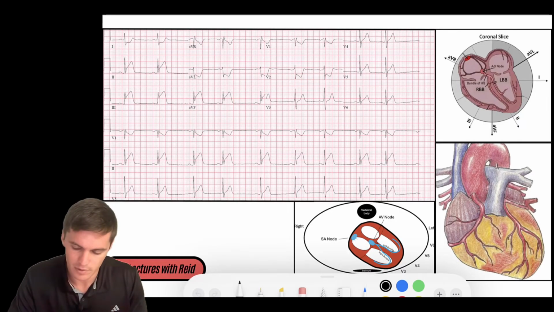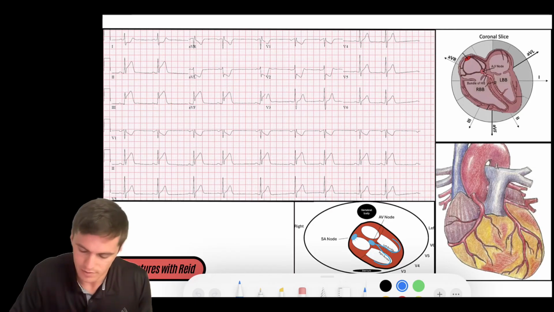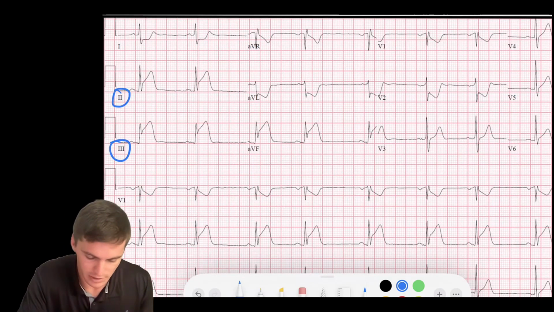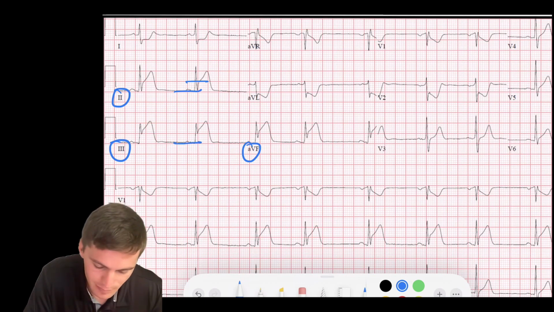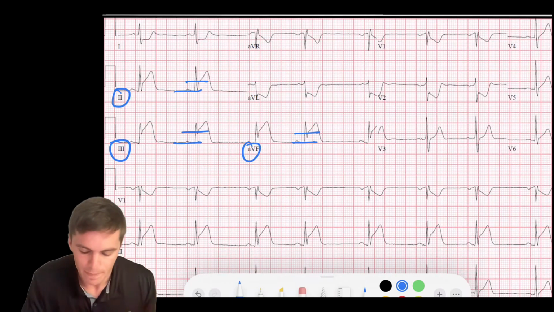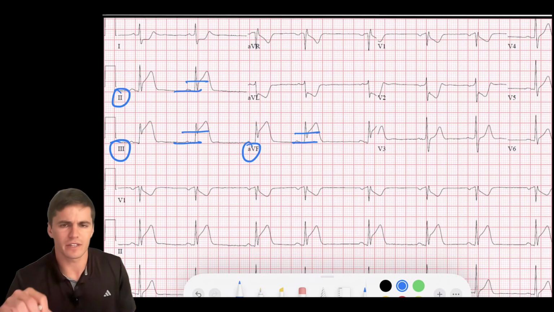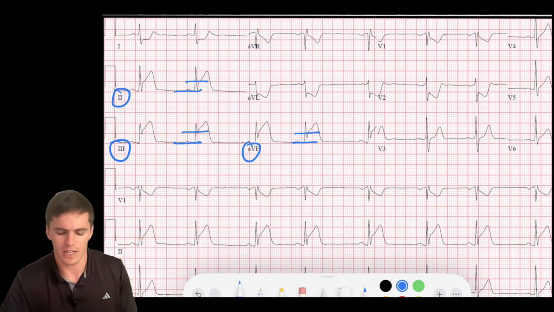Next example, you're going to see a similar trend here. Leads 2, 3, and AVF, we've got ST segment elevation. But I want to tell you a little bit more detail about the ST segment elevation in this EKG. So this is similar.